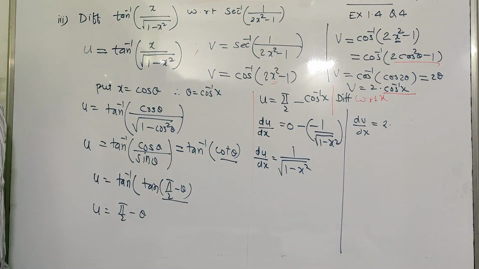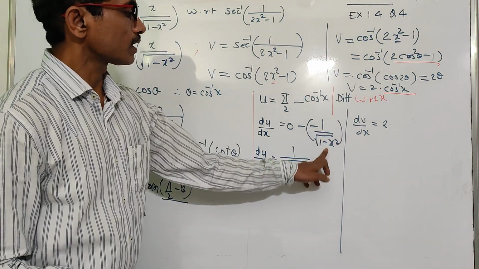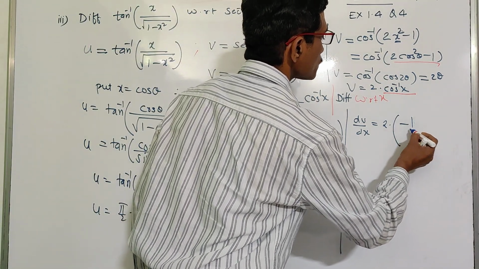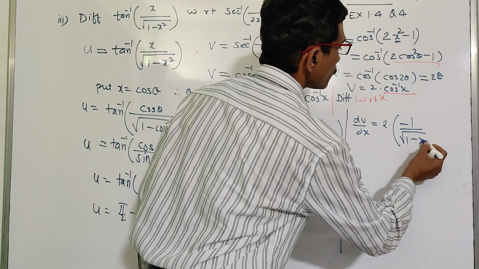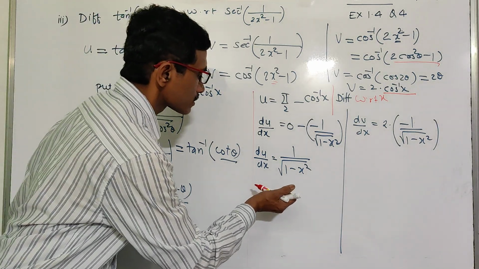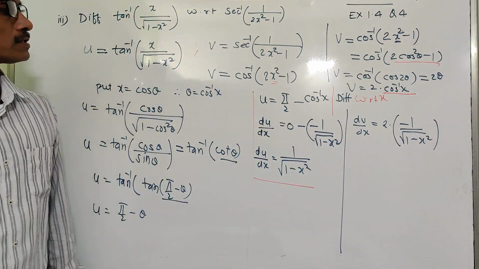What is the derivative of cos inverse? Minus 1 upon root of 1 minus x square. So it is minus 2 upon root of 1 minus x square. This is du by dx. This is dv by dx.